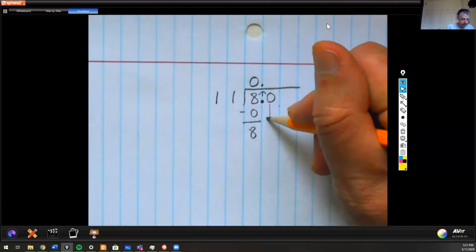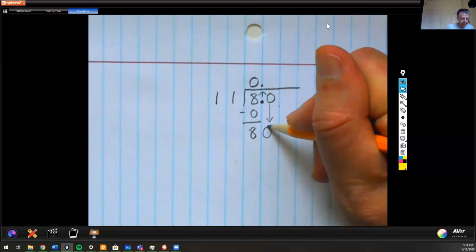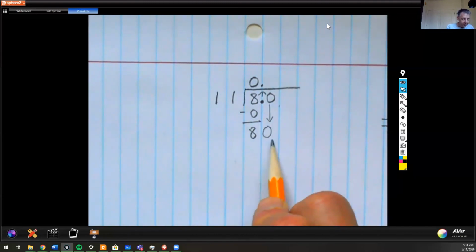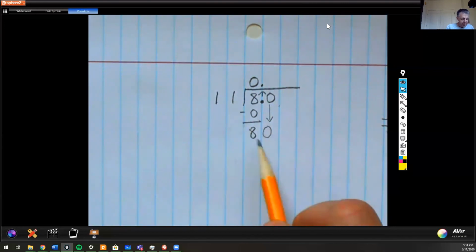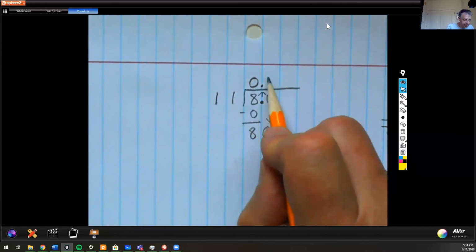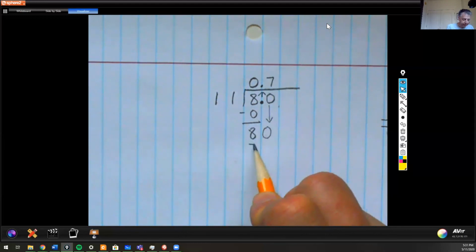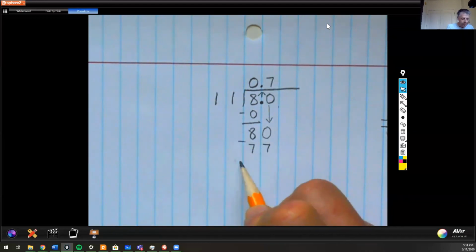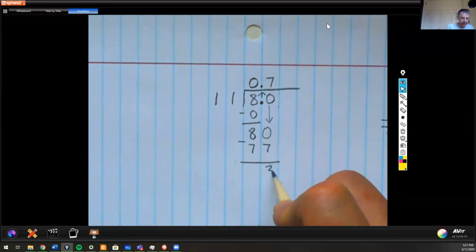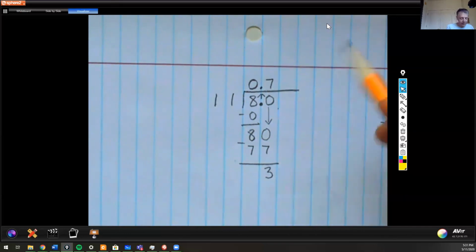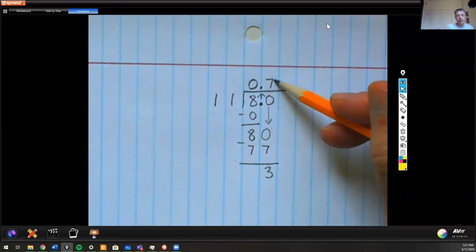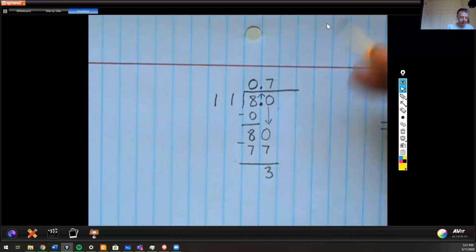I'll go ahead and write down a 0 right next to my 8 and the decimal dot. Drop it down so the 0 goes right next to the 8 remainder, and that 8 becomes 80. Well, I can't take 11 times 8, but I can do 11 times 7 to get 77. When I subtract, I get 3 as my remainder. Now, since I'm only at the tenths place right now, I'm going to keep on going. I'm going to annex another 0.